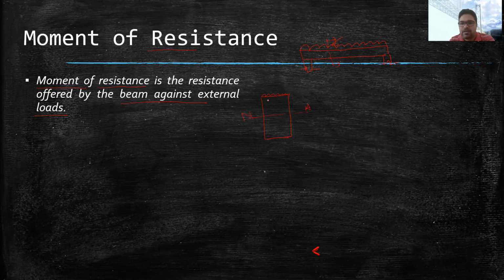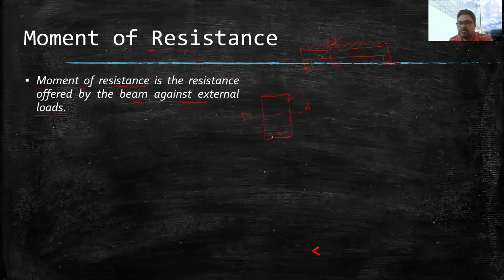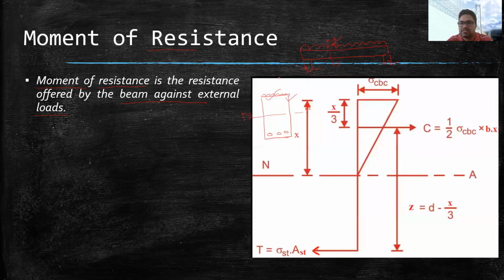Above the neutral axis the concrete is in compression, and below it is in tension, and to support the tensile force we are providing the reinforcement. If we see the stress diagram of this beam section, it will look like this.